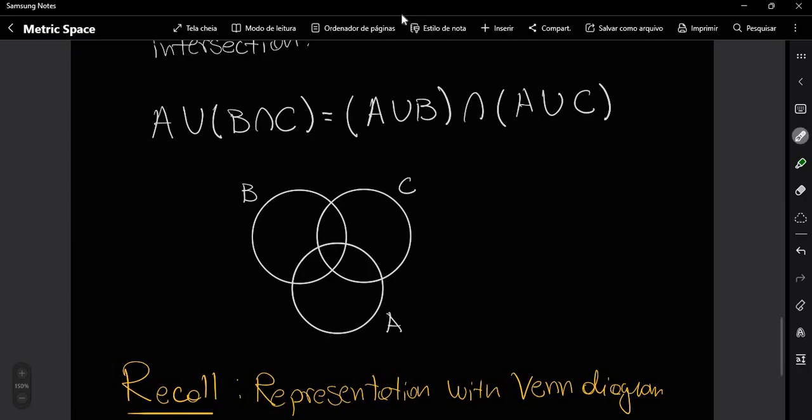Let's say now using only the right side of the equation.